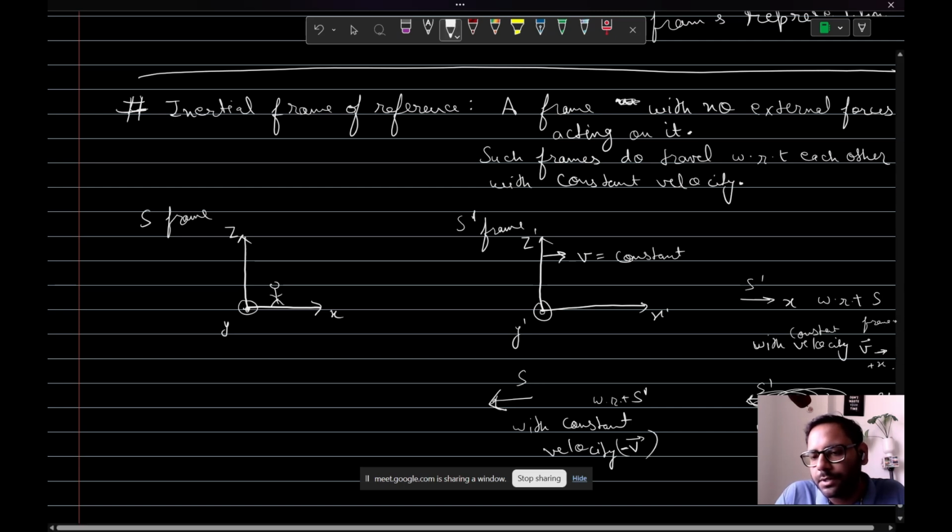This is positive v. So it depends on what reference frame you choose to observe things.